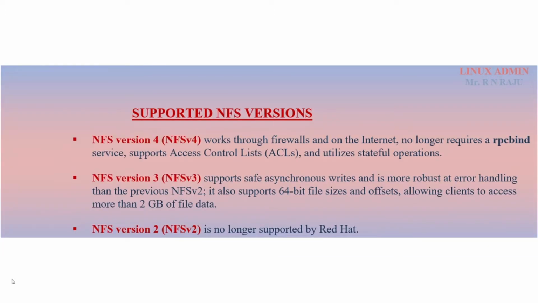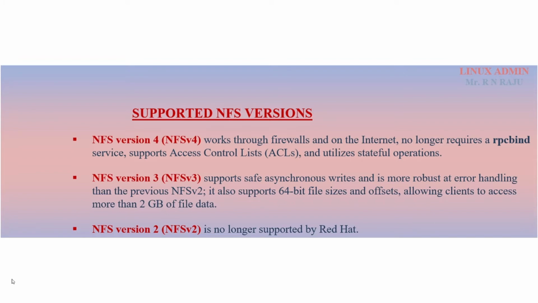Now, what are the supported NFS versions? Actually, the first NFS version is 2. It is no longer supported by Red Hat because of a lot of drawbacks in NFS version 2. NFS version 2 doesn't support more than 2 GB of file system. So that's why NFS version 3 is used up to Red Hat 6.